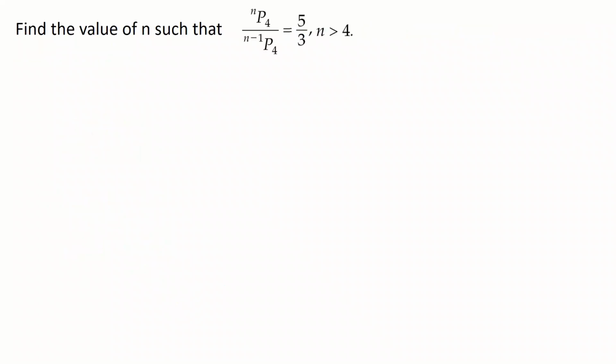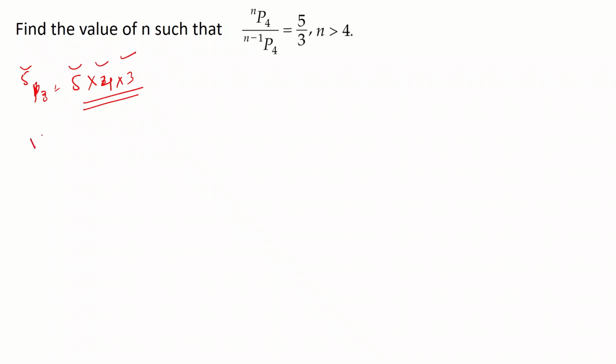Find the value of n such that nP4 divided by (n minus 1)P4 is equal to 5 by 3. Just for a recap, let me remind you that 5P3 was like starting with 5 and then going down 3 steps: 5, 4 and 3.